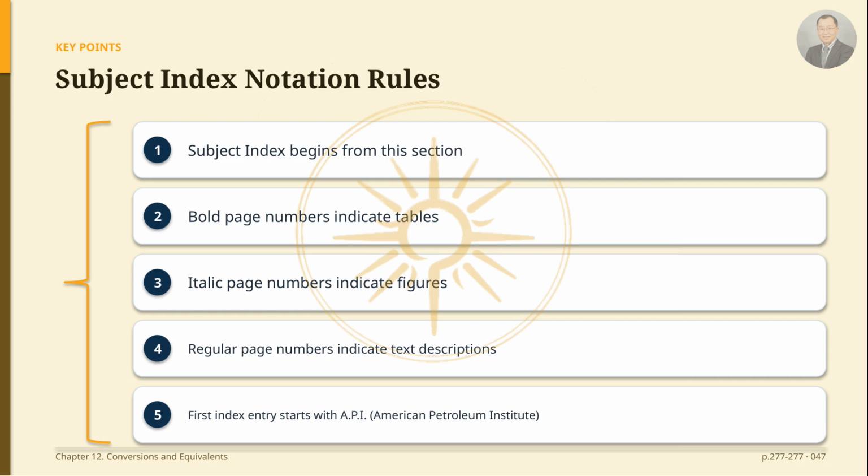Numbers in regular font point to the location where the content is explained in the main text. This is very convenient because you can immediately distinguish whether the information you're looking for is a table, a figure, or a text explanation just by looking at the font. Additionally, the first item in the index begins with entries related to the API, or the American Petroleum Institute, in alphabetical order.